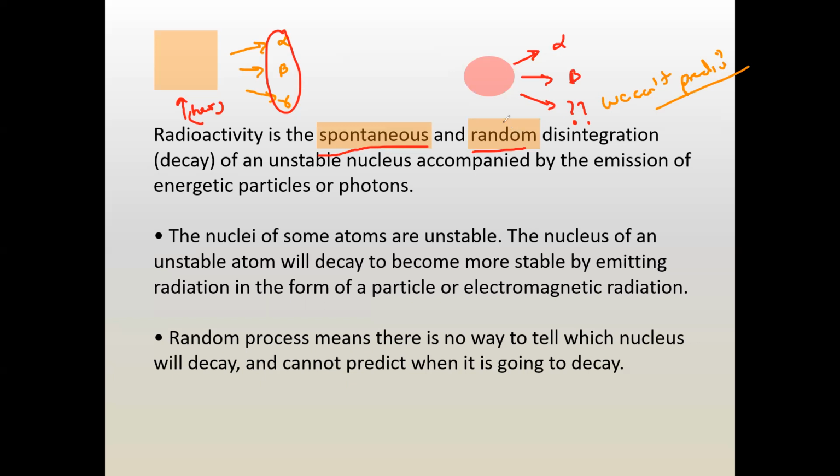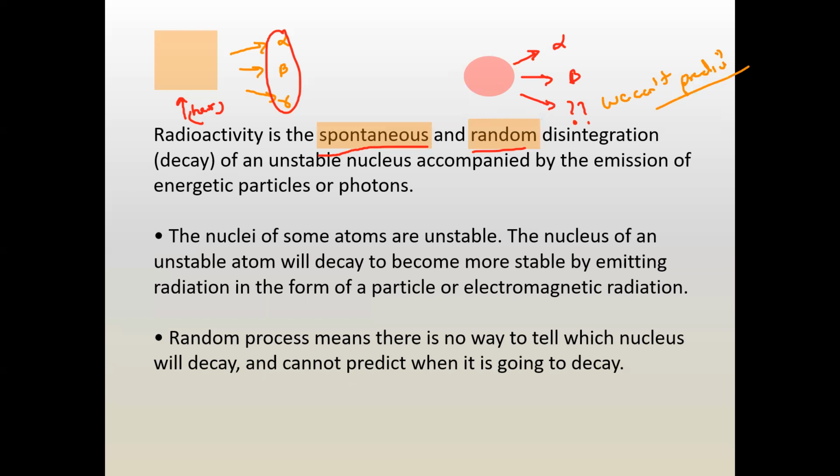There is no order. We cannot say first is alpha, then beta, then gamma. Maybe it might be first gamma, then beta, then alpha, or first beta, then alpha, then gamma. So it cannot have any order. It can emit radiation in any way. So the spontaneous and random process of emitting radiation is known as radioactivity.